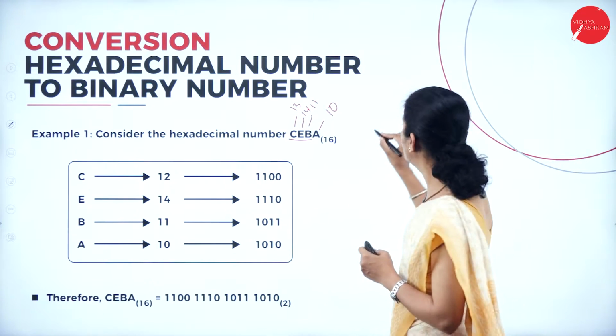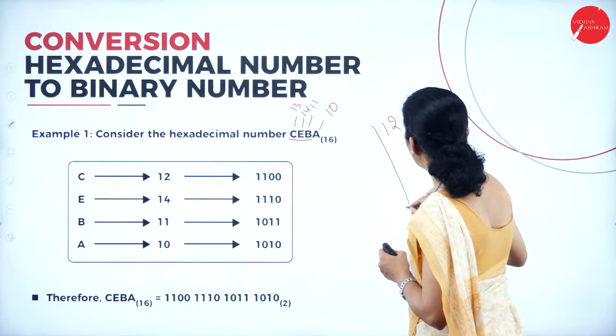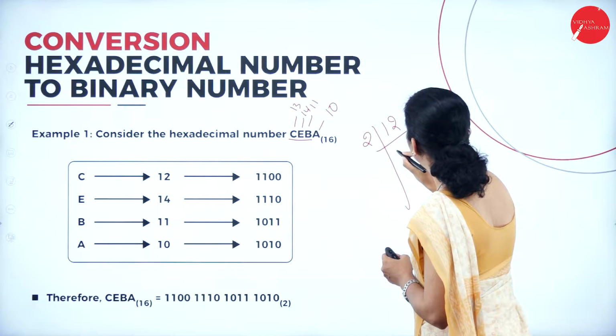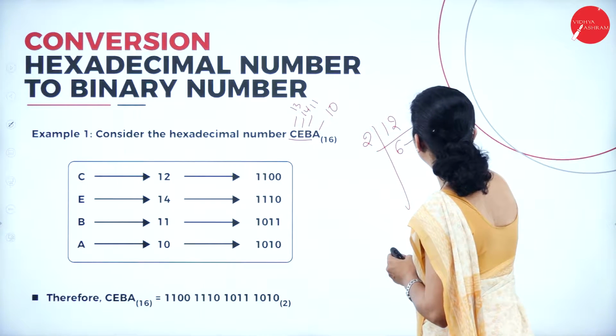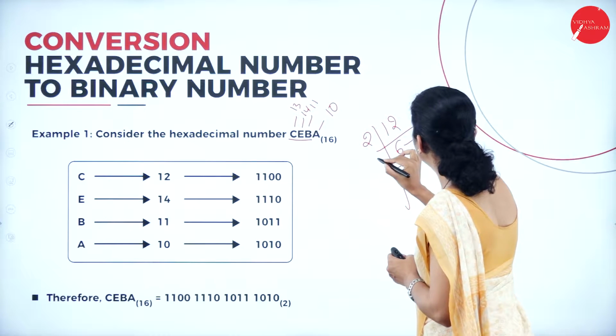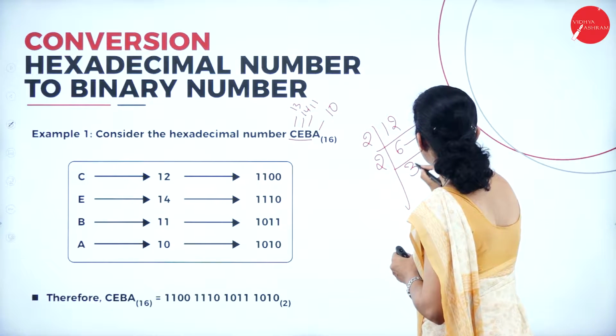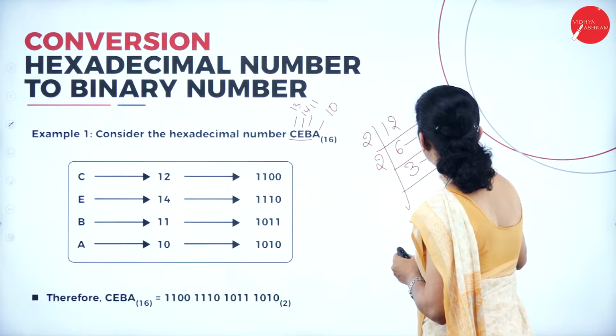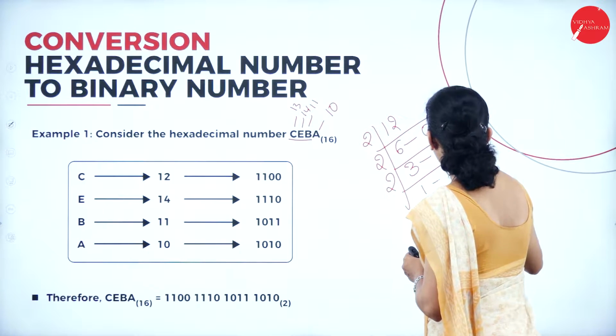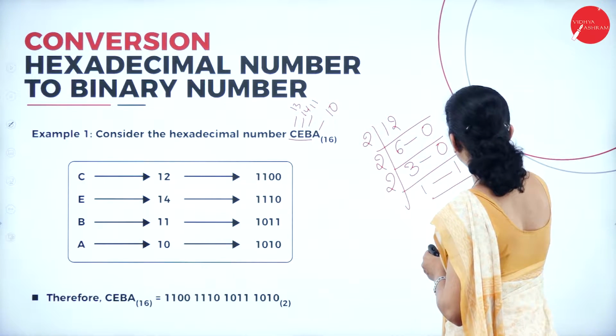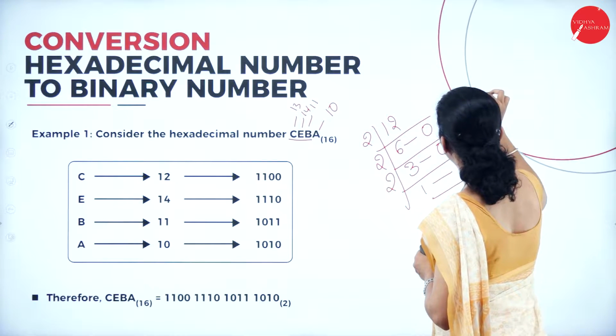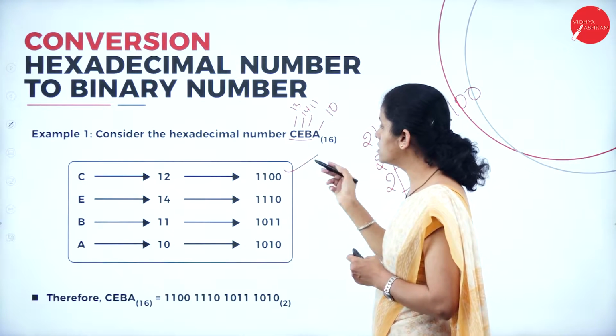If I consider 12 divided by 2, 2 6s are 0 remainder, 2 3s are 0 remainder, 2 1s are 1 remainder, and I write 1 1 0 0. So 1 1 0 0.